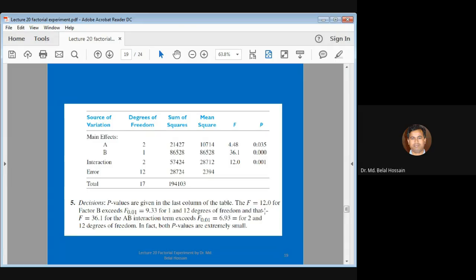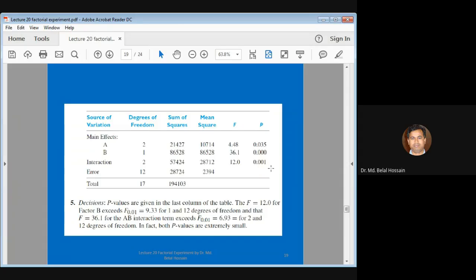F equals 12 for factor B exceeds 6.93 for 1 and 12 degrees of freedom, and F equals 16.1 for the ab interaction exceeds 6.93 for 2 and 12 degrees of freedom. In both cases, p-values are extremely small, so the null hypothesis will be rejected.